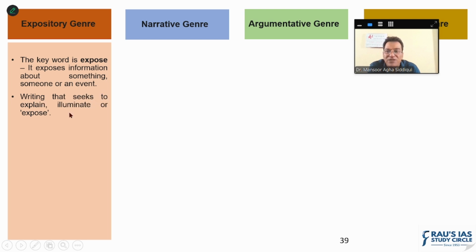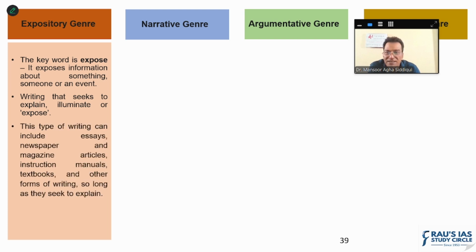It is writing which seeks to explain, illuminate, or expose information. This type of writing can be found in essays, in newspapers. Newspapers always have an expository genre. Magazine articles, instruction manuals, textbooks, and other forms of writing, so long as they try to explain things. So if you look at a booklet which comes along with your smartphone, then that booklet would be written in an expository genre.